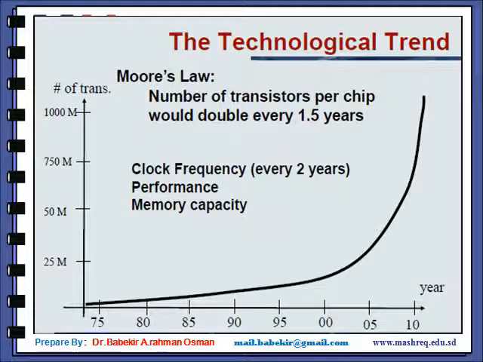Here is a two-dimensional graph demonstrating the technological trend, in terms of a very important technical citation, Moore's law, which shows the relation between the increase in years and the increase in the number of transistors. The number of transistors per chip doubles every 1.5 years, and clock frequency doubles every 2 years.